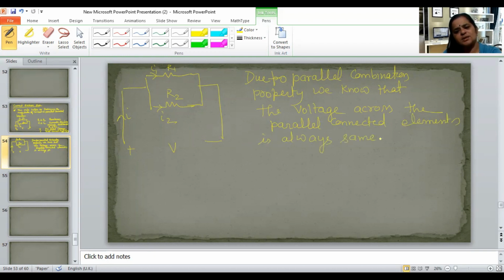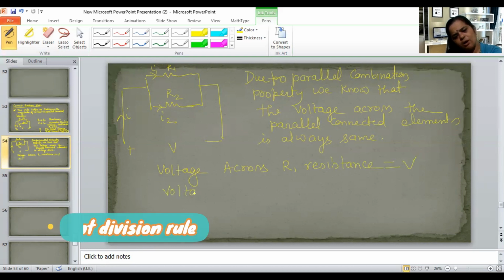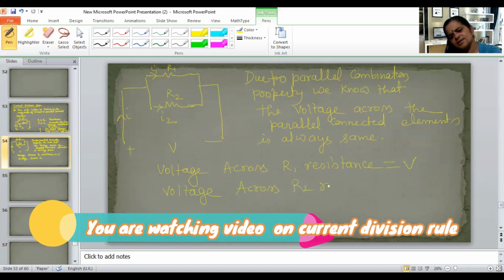As in the circuit, R1 and R2 are connected in parallel and this combination is fed by a voltage source of V. So the voltage across R1 will be equal to V and the voltage across R2 will also be V.